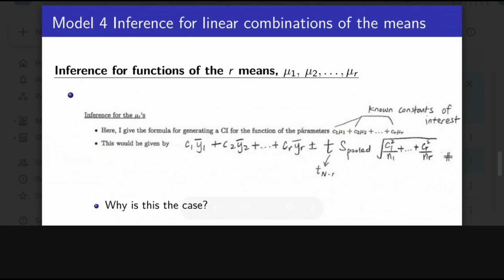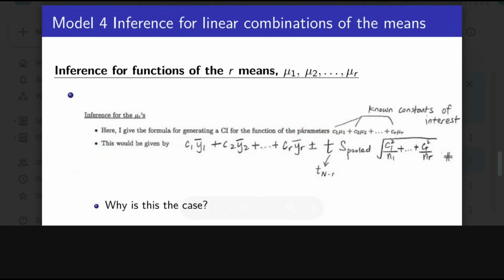If you remember from your intro stat class, if you wanted a mu1 minus mu2 confidence interval long ago, don't you take y1 bar minus y2 bar? So now, if you want a confidence interval for a constant times mu1 plus a constant times mu2 like that, you have the same constants, you just pop in the sample means for mu1, mu2. Then be careful. You need the t critical value.